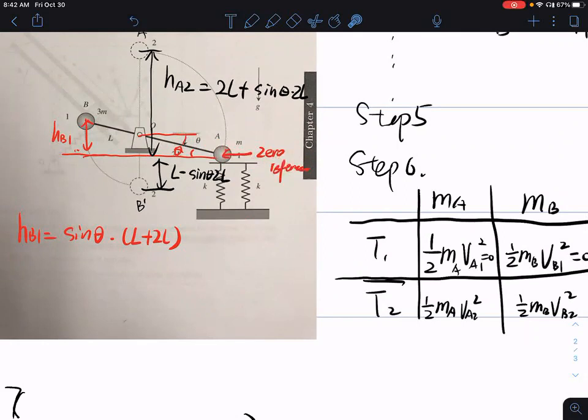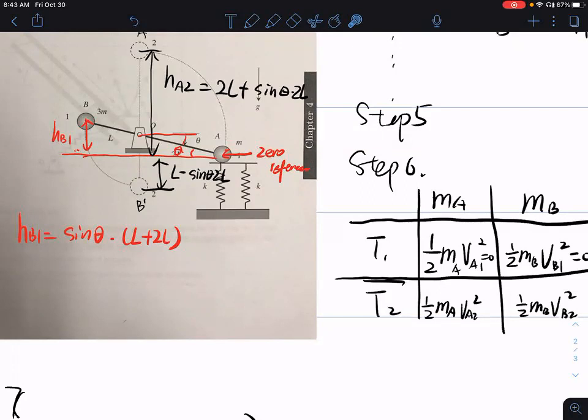But to simplify your calculation, if you want to get things done easily, you can use one 0 reference point for particle A and another one for B, and you will get the same solution.